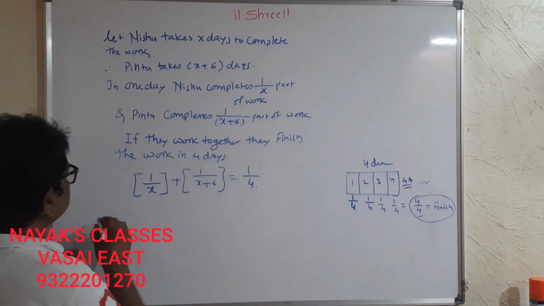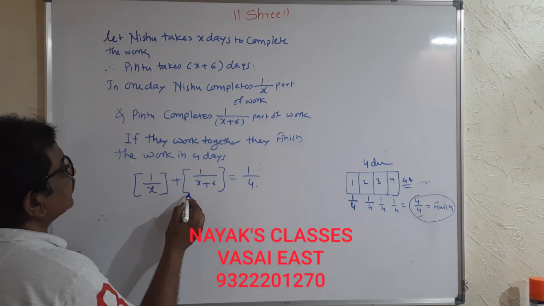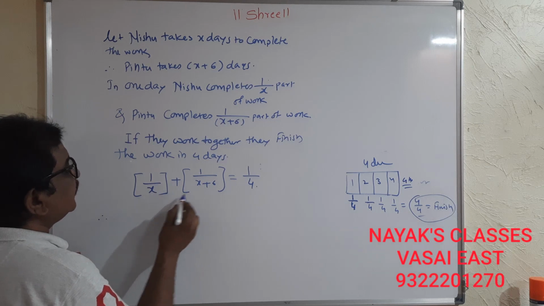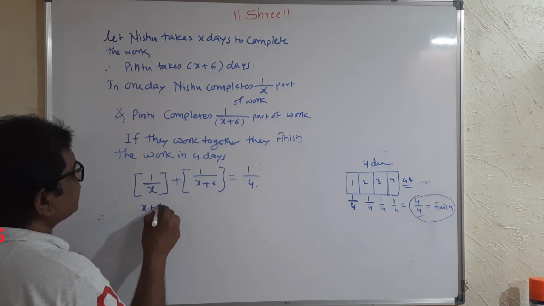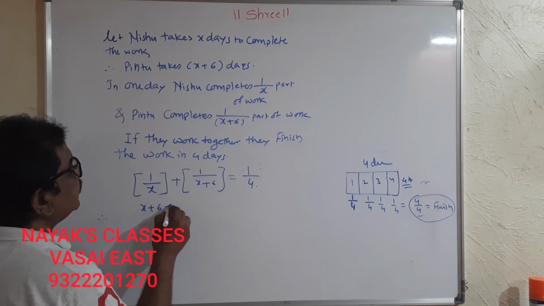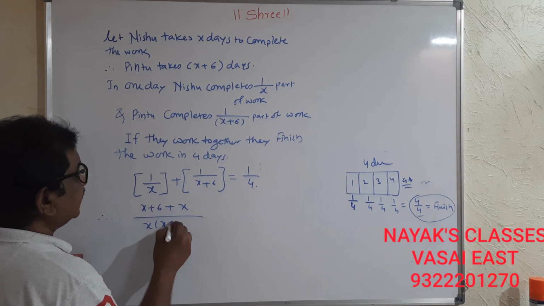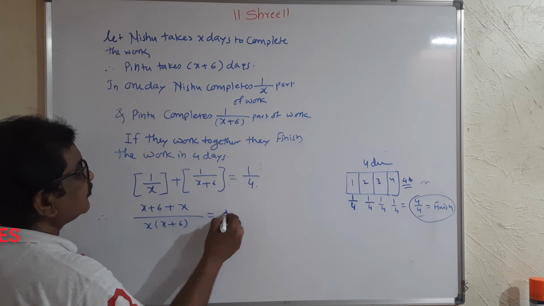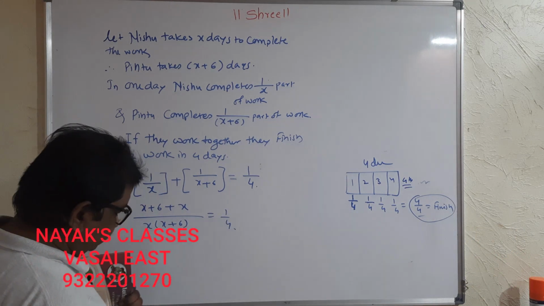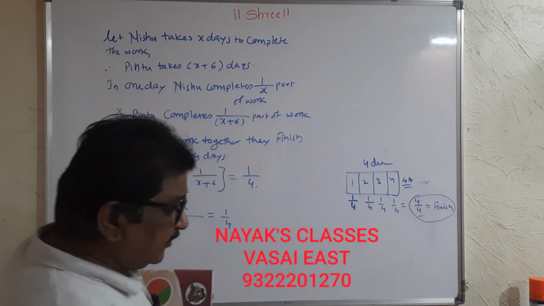So this is by cross multiplication: x plus 6 plus x upon x into bracket x plus 6 is equal to 1 by 4.